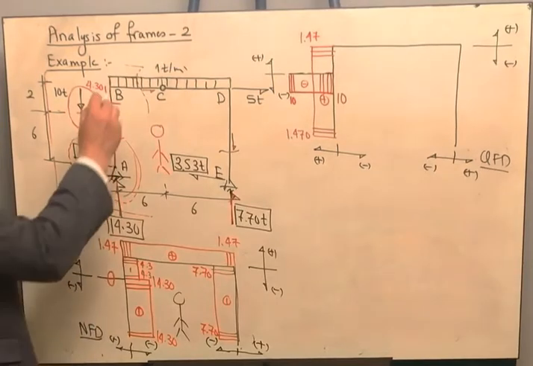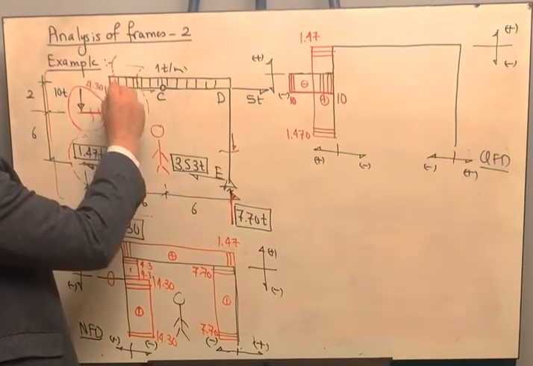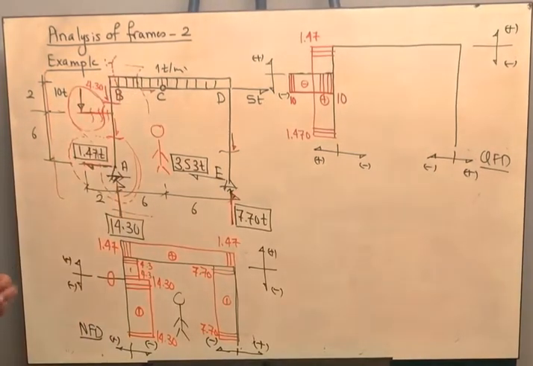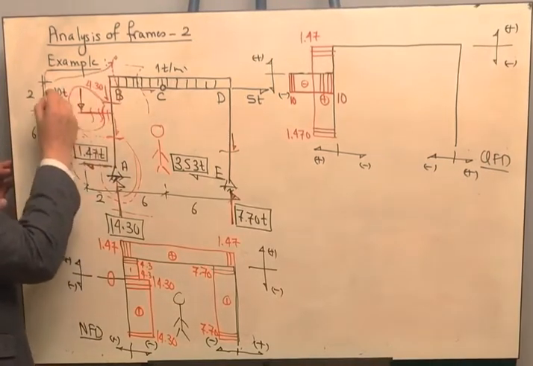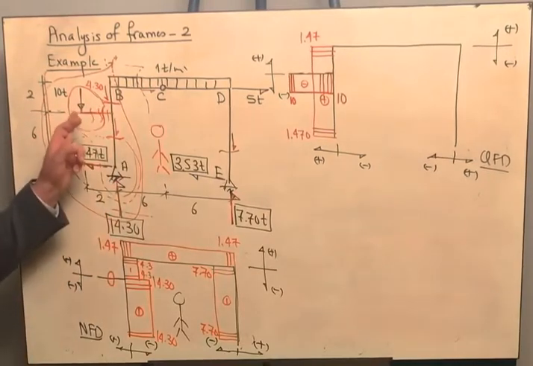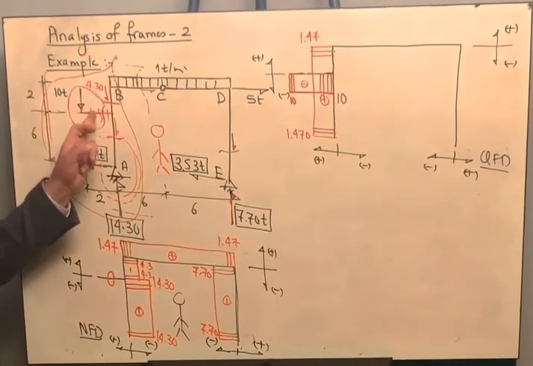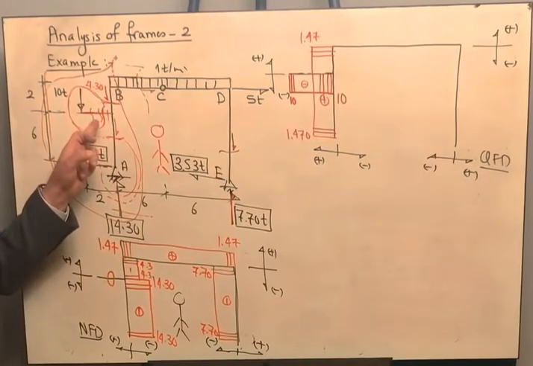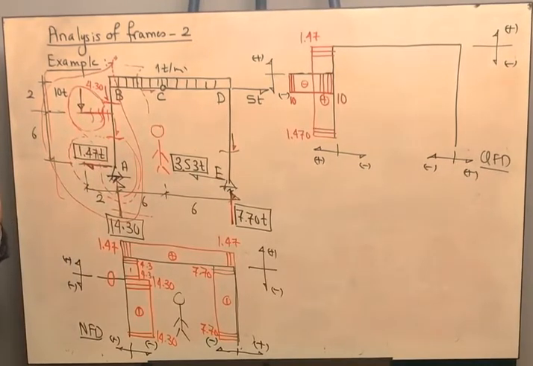Now I want to get the magnitude of the shear at point B. What am I going to do? I'm going to take the left portion. This is the left portion. I will have to take the cantilever with me, because if you took only the column, it means that you are cutting another section, and you are not allowed to do that.